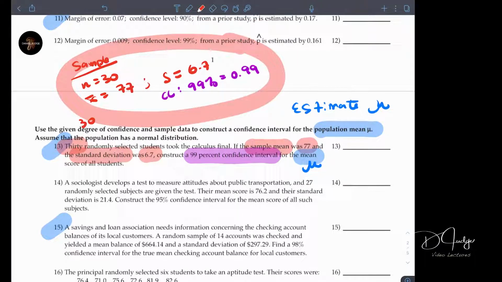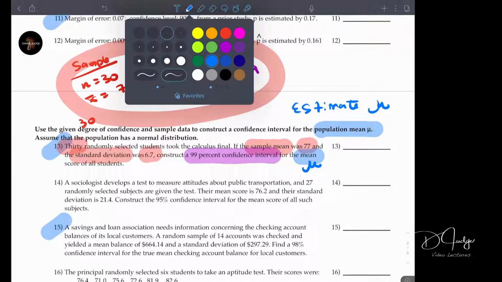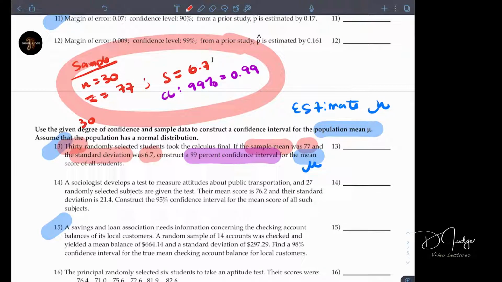Here we go. We're going to use the TI. However, don't forget, this is less than or equal to 30. That means these are all small samples. You're going to see that these questions are going to be small samples, sample size under 30.